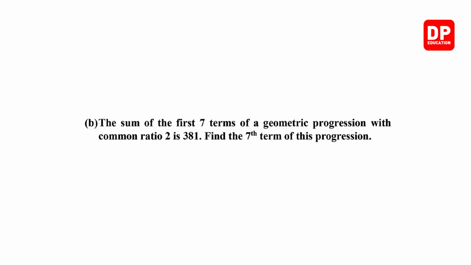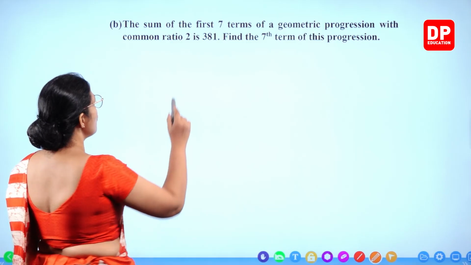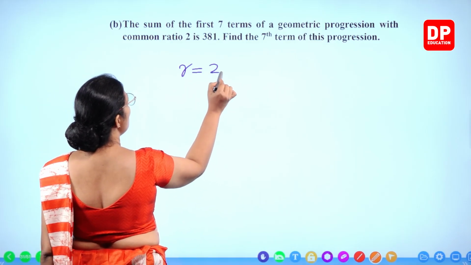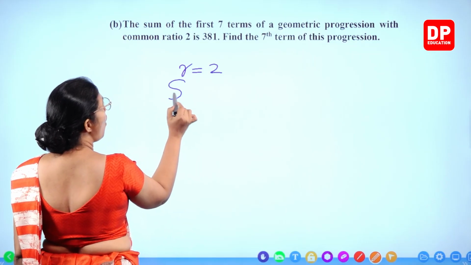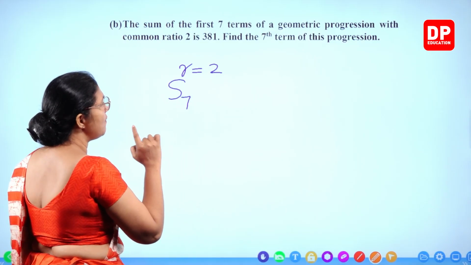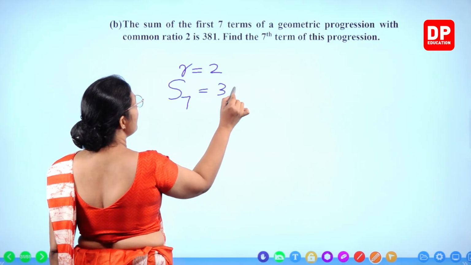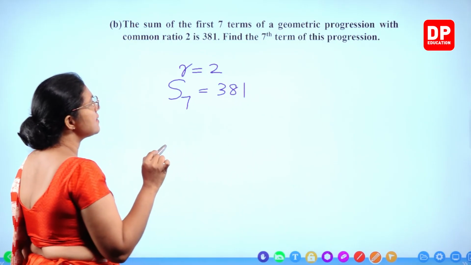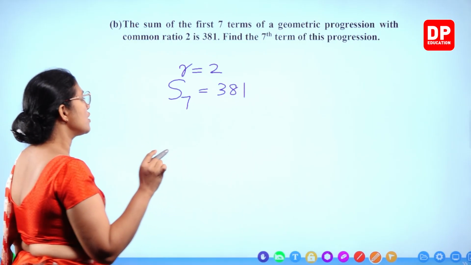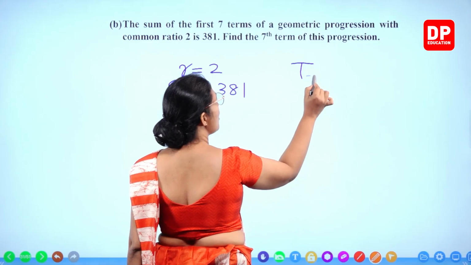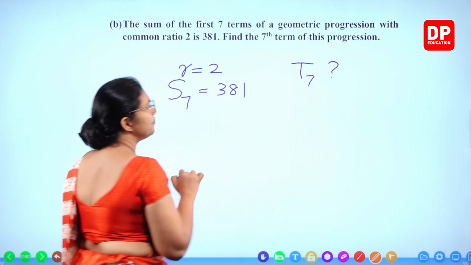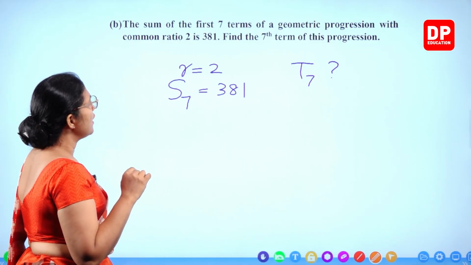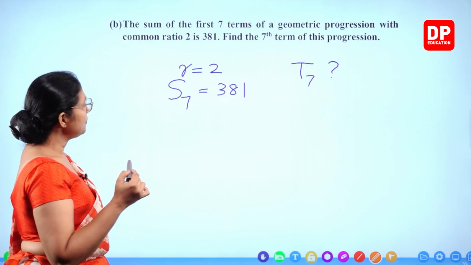The sum of the first 7 terms of a geometric progression with common ratio 2 is 381. So common ratio is 2 and sum of all 7 terms, S7, is given 381. Find the 7th term of this progression. So the question asks to find out T7. So how are we going to find out the first term?